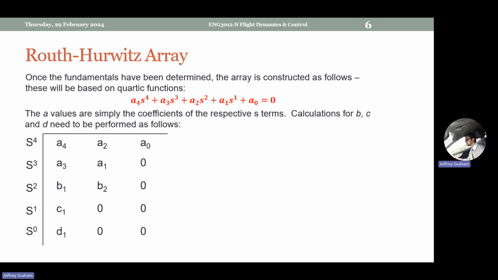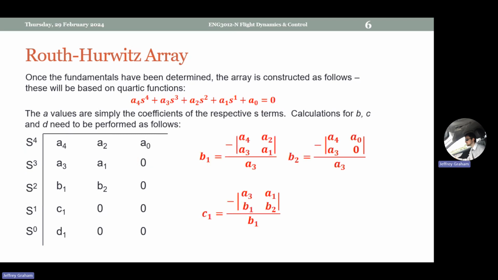And calculations for B, C, and D are through a series of matrix determinants. Right.